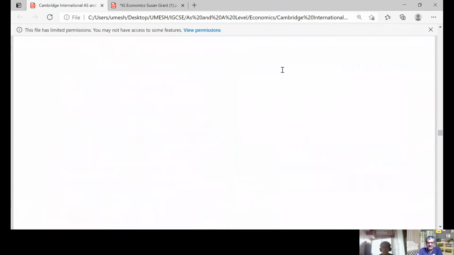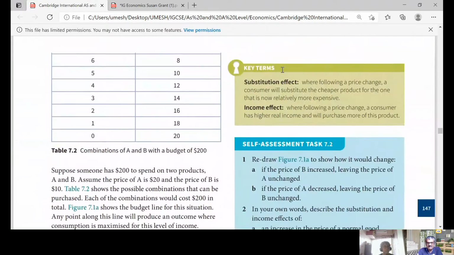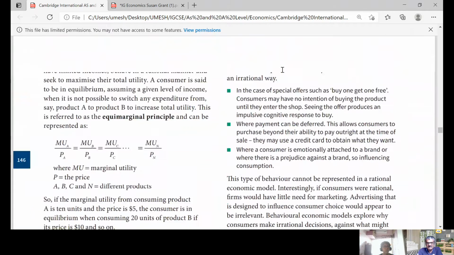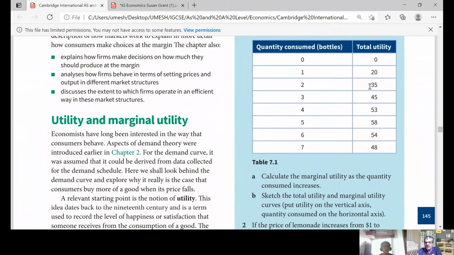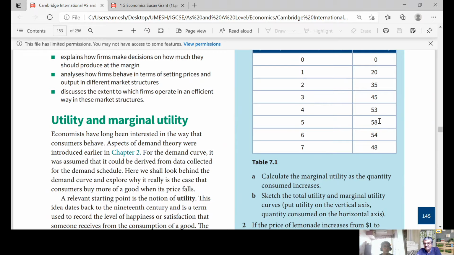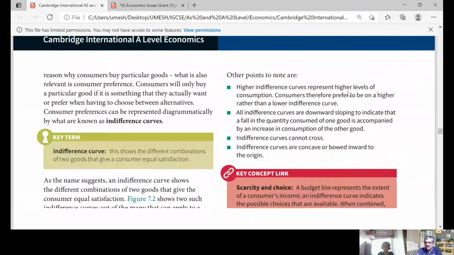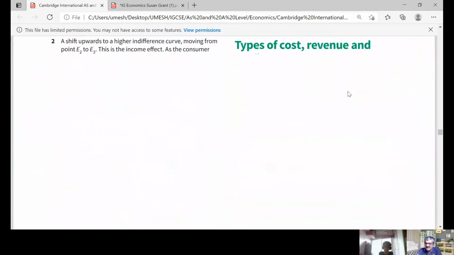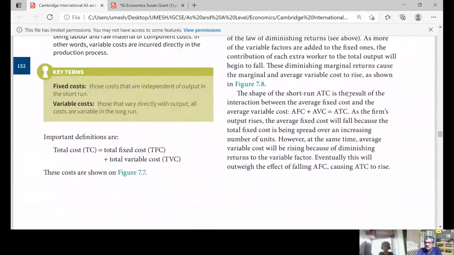You already understood that marginal return. I'll show you. Here you have understood: as you go on using more and more units, total utility will increase, but marginal utility will go on decreasing. So the cost initially is falling, but then it goes on increasing. Total cost also goes on increasing.